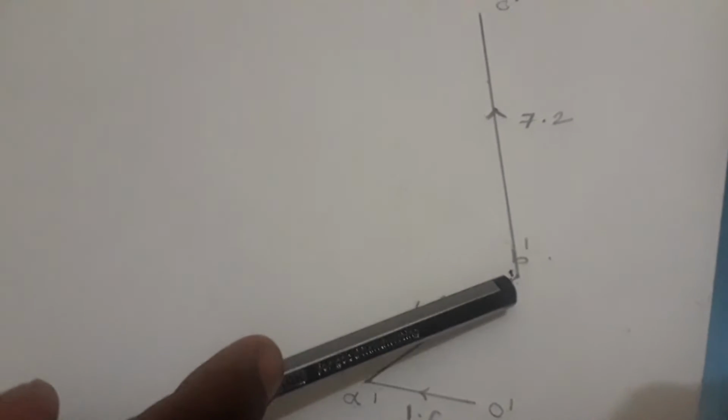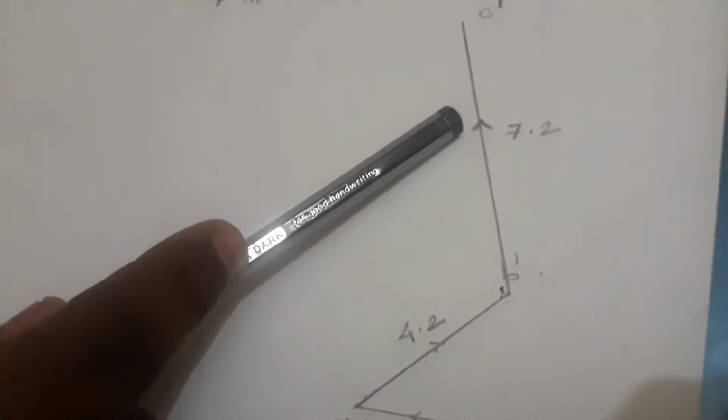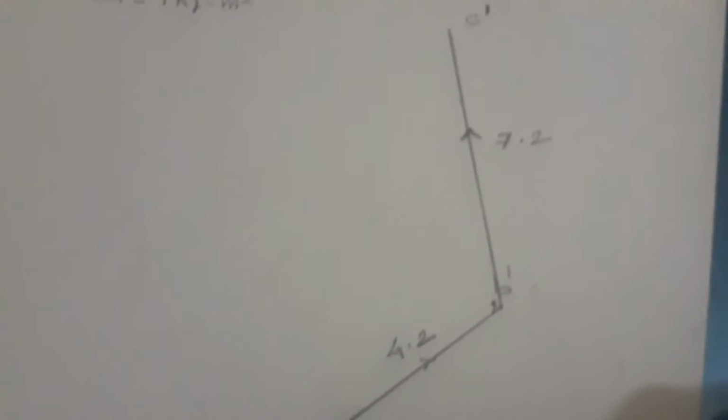So here, for the mass C, the vector is of 7.2 magnitude.